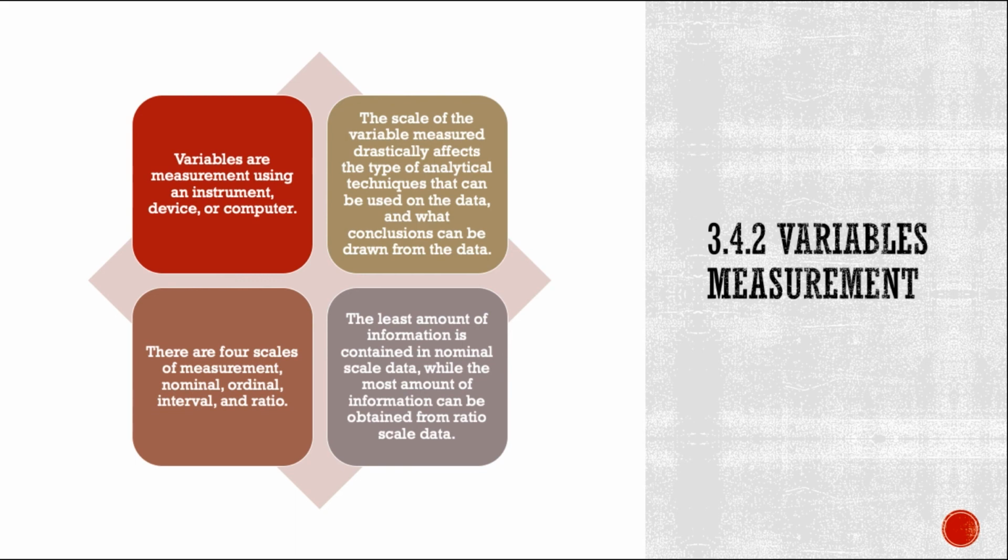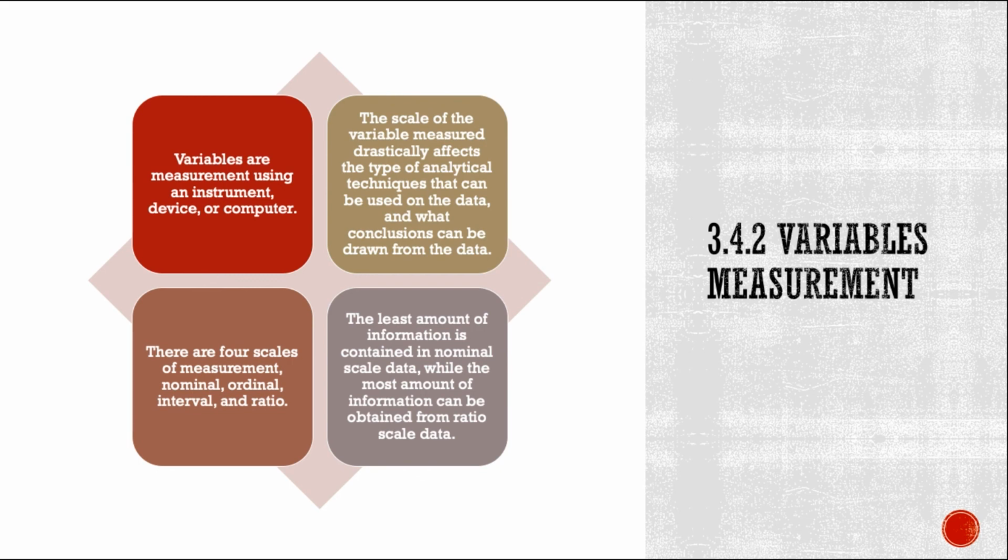The scale of the variable measured drastically affects the type of analytical techniques that can be used on the data, and what conclusions can be drawn. There are four scales of measurement: nominal, ordinal, interval and ratio. The least amount of information is contained in nominal scale data, while the most amount of information can be obtained from the ratio. The weakest is the nominal. The strongest is the ratio.